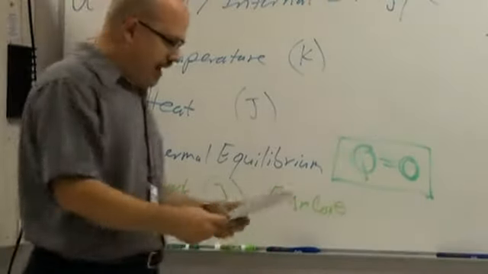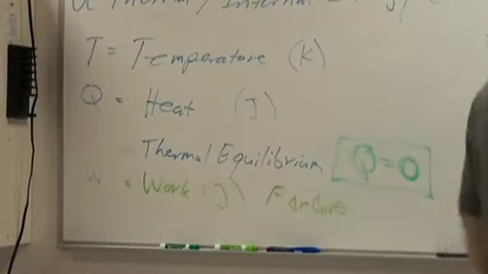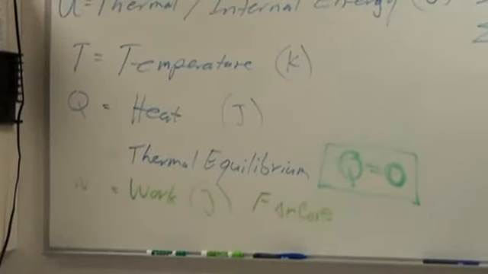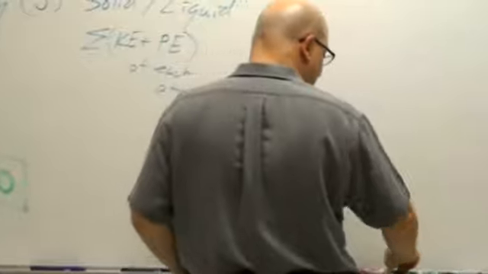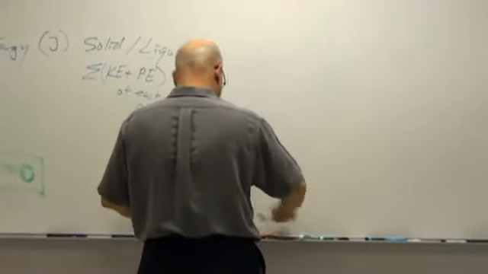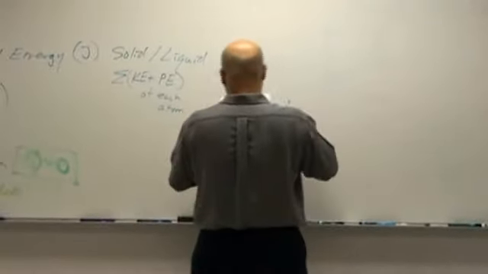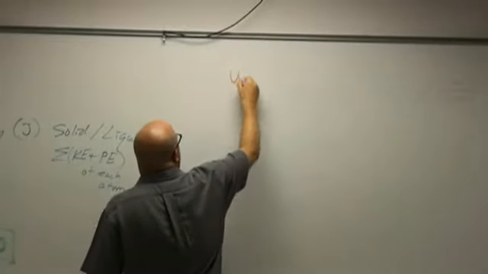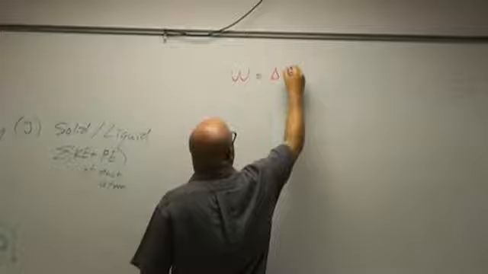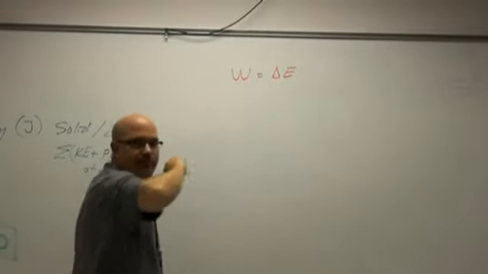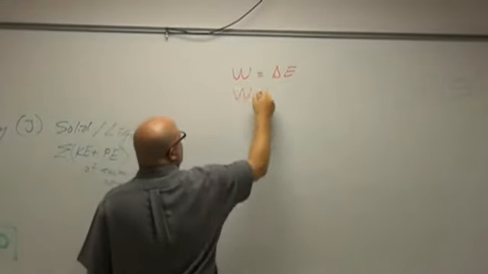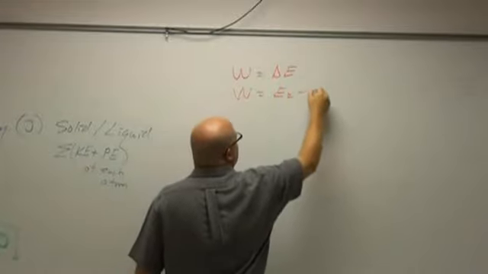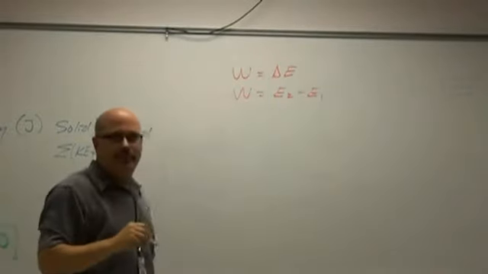All right, now, let me go through real quick and show you where the first law of thermo comes from. You ready? We're going to do this one fast. Remember that work equals the change in energy of the system. That's technically E2 minus E1.